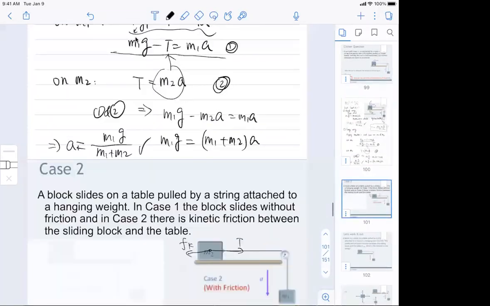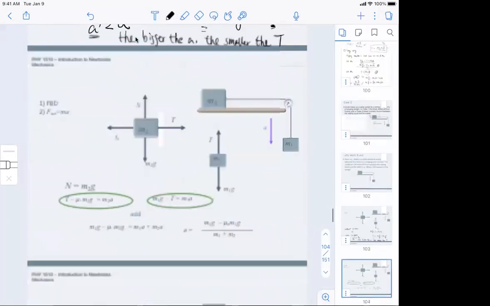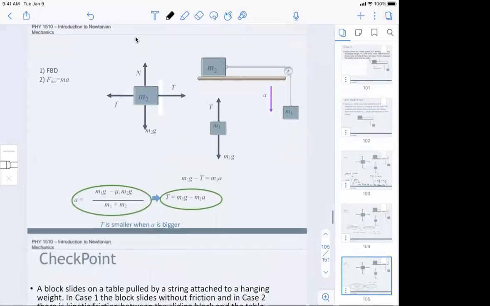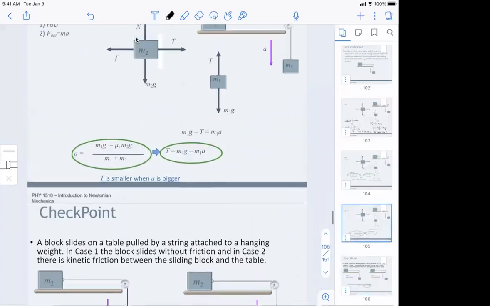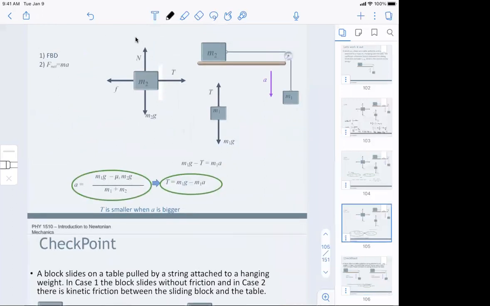So the answer to this question is case 2 has a bigger tension. As far as what that tension is, I already have these free body diagrams laid out for you, and the acceleration is already calculated, so you can go home and do it yourself. You can see that the holistic view still works.